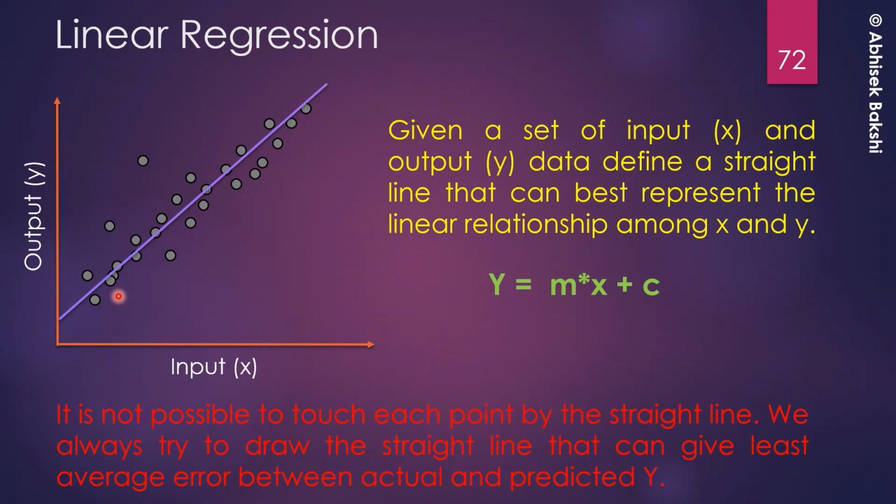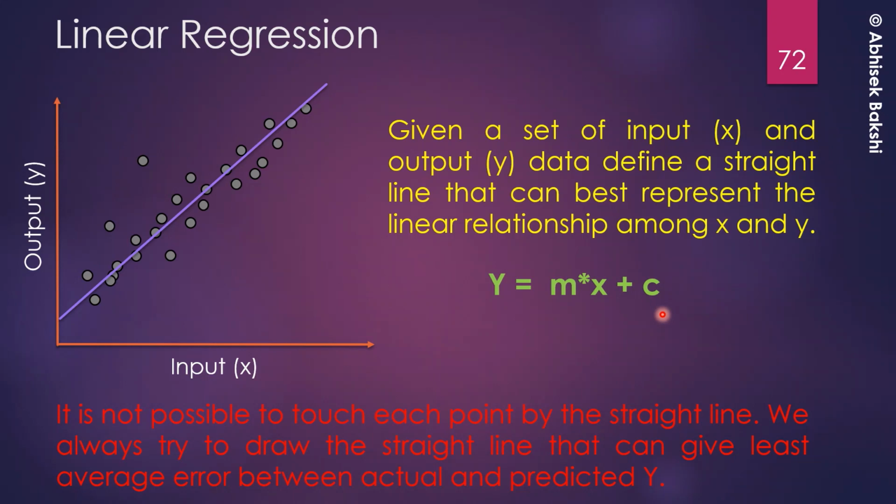Okay, so naturally we all know the equation of a straight line. It's something like this, right? y equal to mx plus c. Now definitely you will say that it is not possible to draw a straight line through each and every dot. Then it will not be a straight line, it will be some curve.